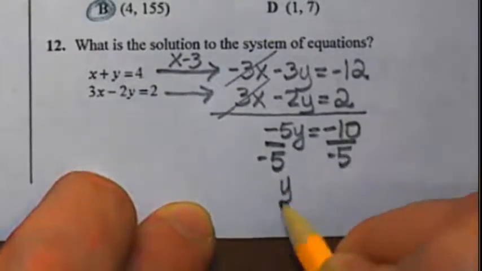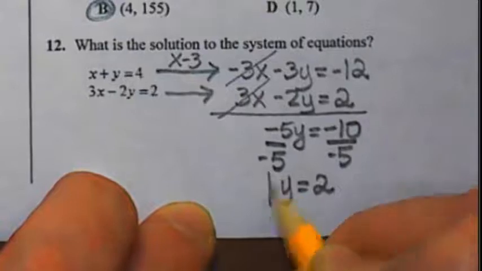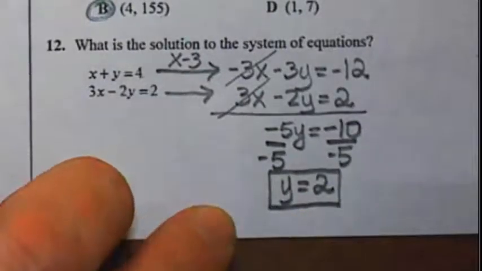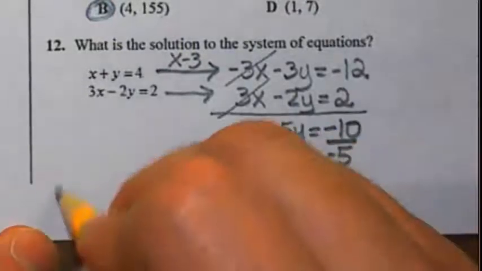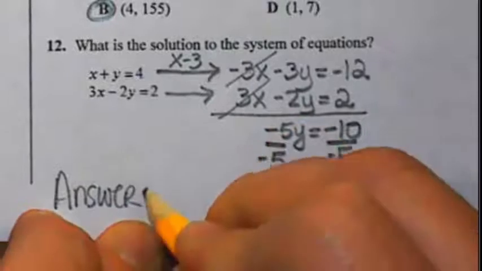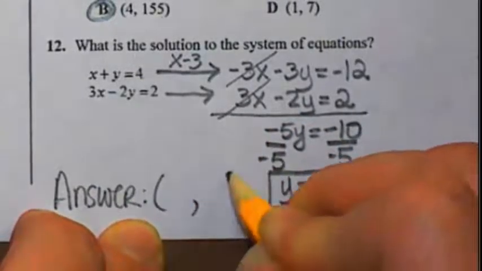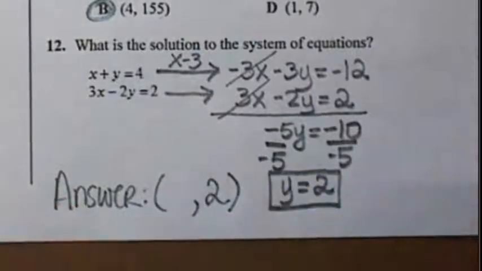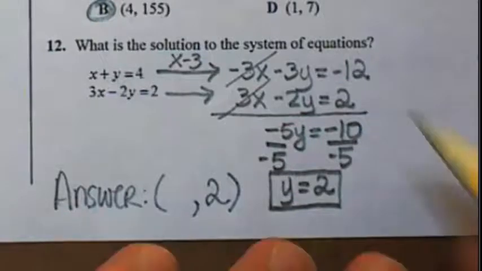And that means y equals +2. Now, remember, the answer for a system of equations is an ordered pair. So that means you have an x value and a y value. We found part of the answer. We found the y value. We still need to find the x value.